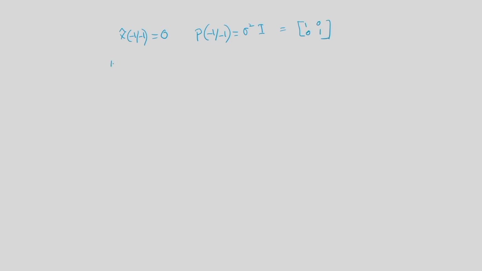Now, starting with n is equal to 0, we will first estimate the prediction error covariance matrix. So, we will estimate P of 0 given minus 1.